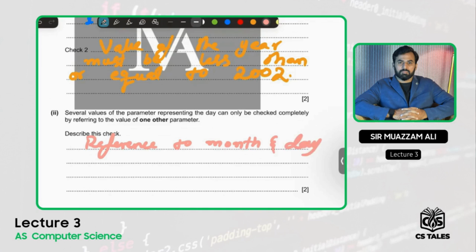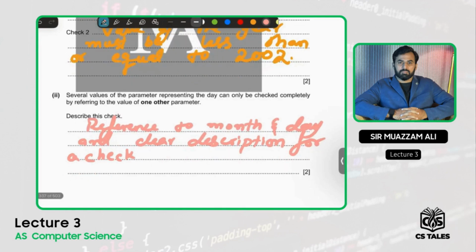So you must know about the day, and a clear description for the check is that the day number matches the relevant month.